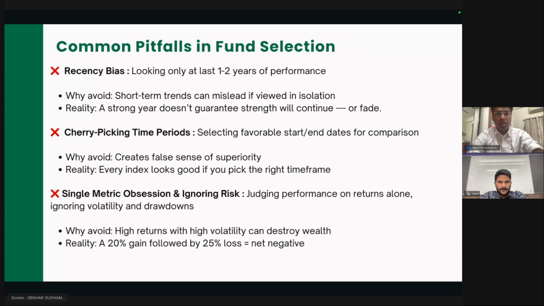Obsessing only on returns is not good, because if a particular strategy has high volatility followed by frequent drawdowns, and it takes a larger number of days to recover, then that might not be the right strategy for you if you are, let's say, a conservative investor. So it is important that we not just obsess on returns, but also take risk into cognizance.